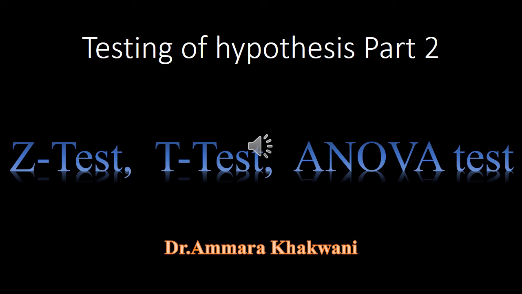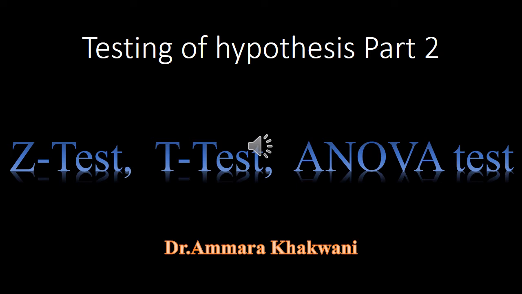Today is lecture 4 about testing of hypothesis part 2. It means that in lecture 3 we went through the concepts behind testing of hypothesis. Now we will see, according to the syllabus, which tests or test statistics are used for testing our hypothesis.